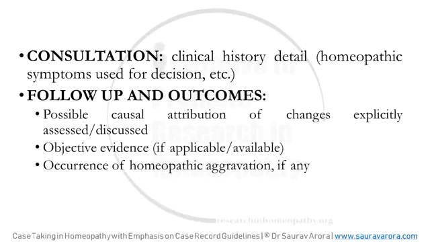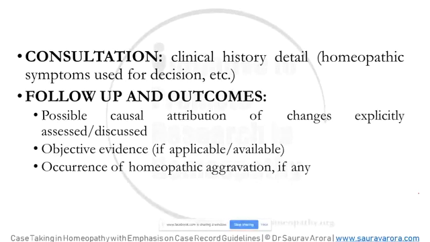The consultation, the clinical history details, the homeopathic symptoms used for decisions. Now, your case may have hundreds of symptoms, n number of common symptoms, but what symptom you used for the decision, that is the learning part. That is learning from the homeopathic point of view.